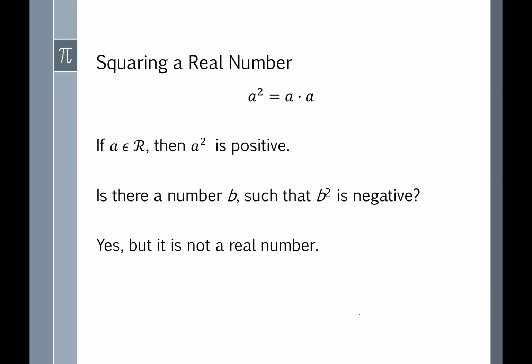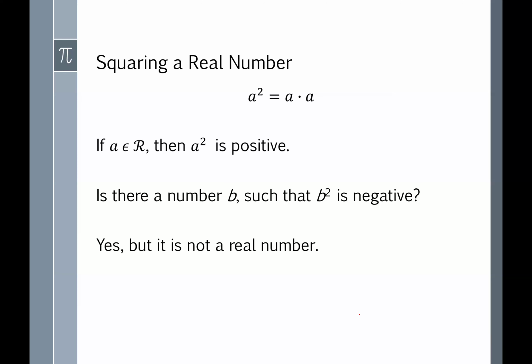All right. So let's get back to my rant about squaring real numbers. If you square a real number, the result will always be positive. But is there a number that you can square and get a negative?